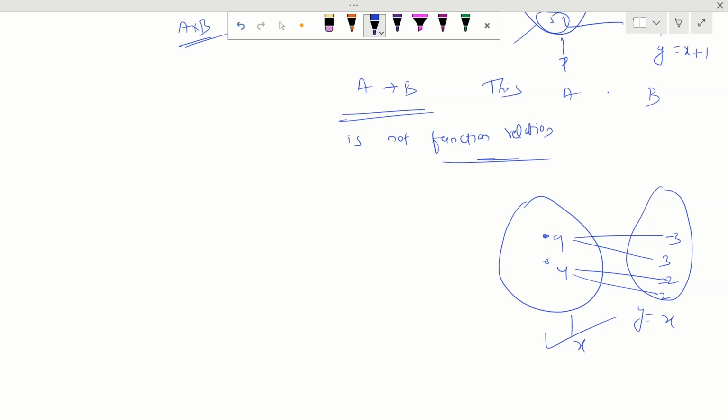Minus 2 squared is also 4, because the square of a negative is positive. So these have two relations. The first set contains two relations. Therefore this is also not a function relation.